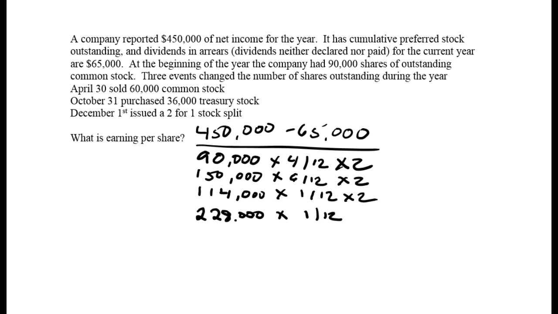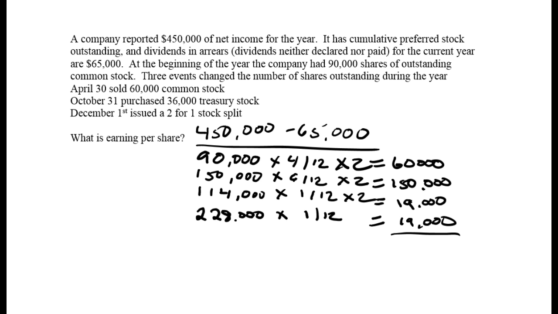I'm going to double whatever I get for the first layer of 90,000, and the second layer of 150, and the third layer of 114. I don't need to double my last layer, the 228,000, because I already did. 114 doubled is 228.